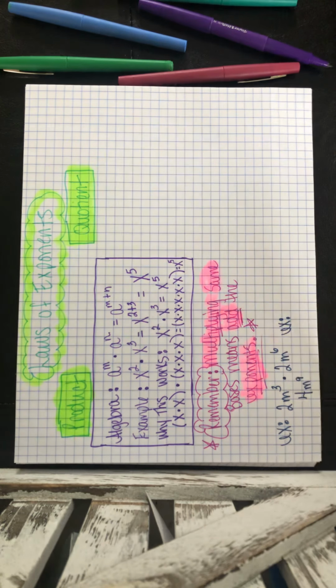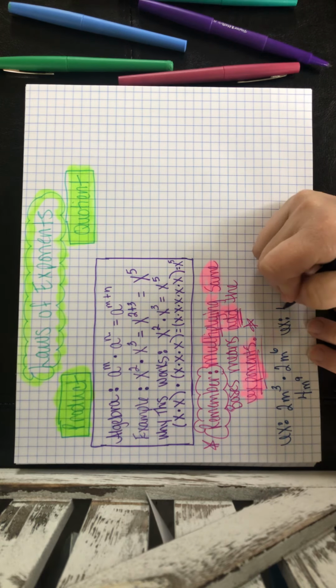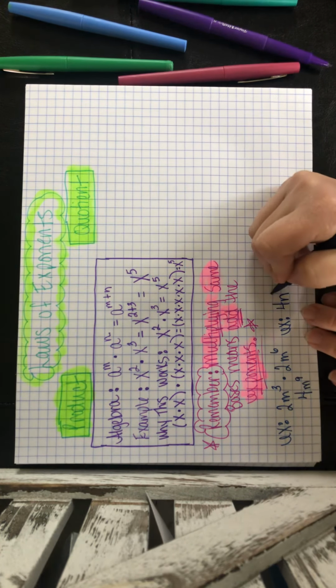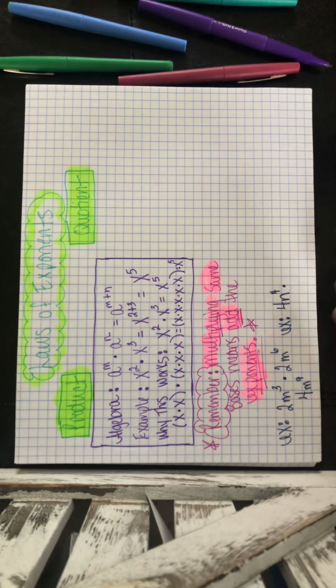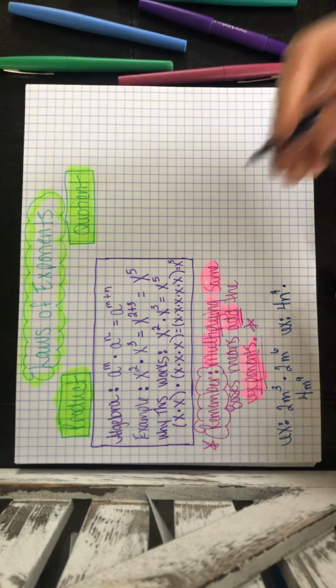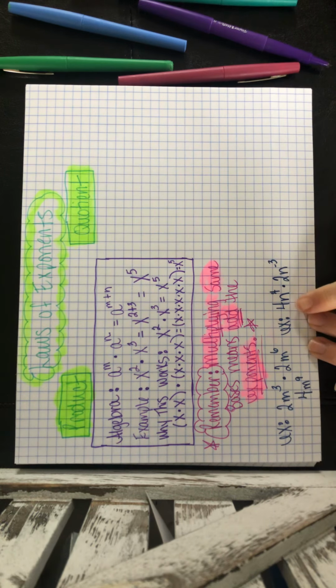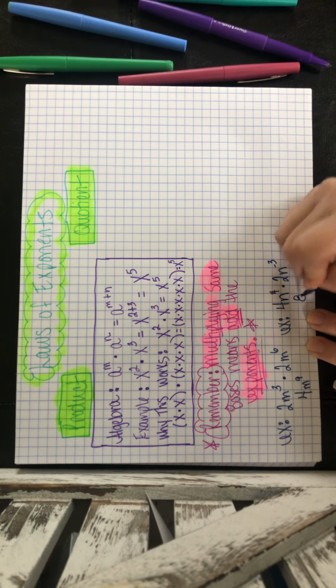We'll try one more example. We will do 4n to the fourth times 2n to the negative third. So here we're going to multiply 4 times 2, which is going to give us 8.